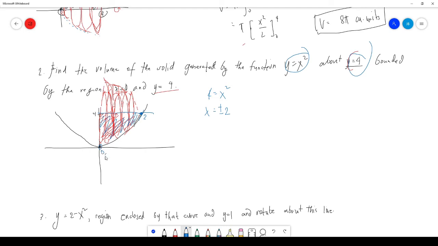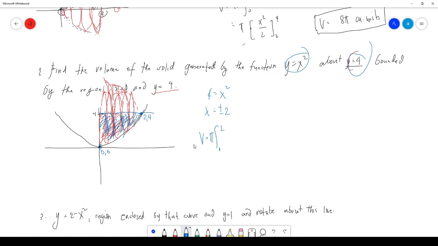Alright, so therefore, this is positive 2. This is 0. So we don't know the y value for that. For this, we know that it's 4. For this one, that's obviously 0, 0. Okay? So therefore, we can now find the volume of this here. So to find the volume for that one, that would be from 0 to 2, right?